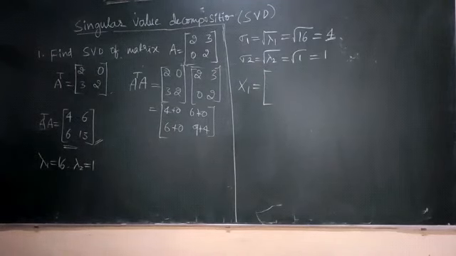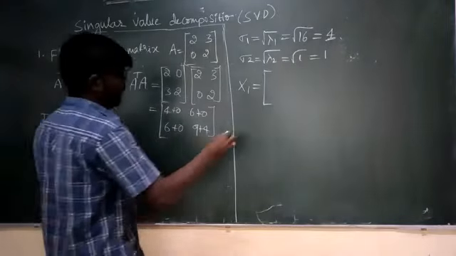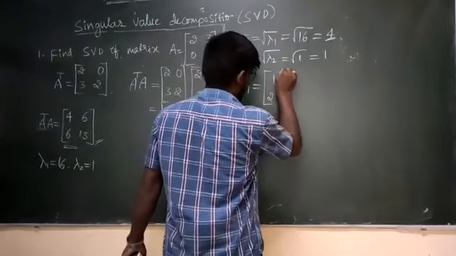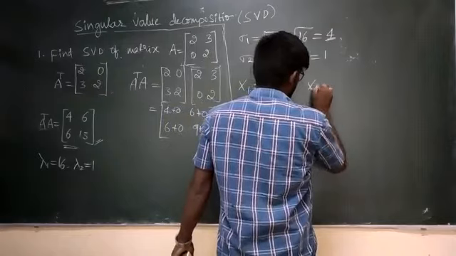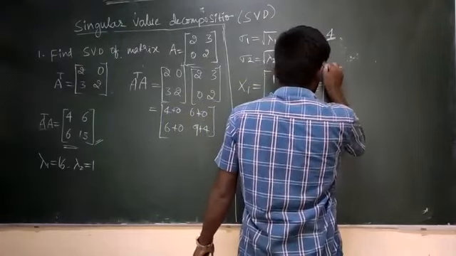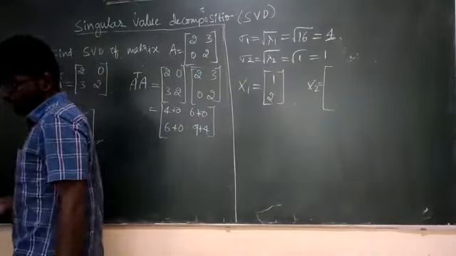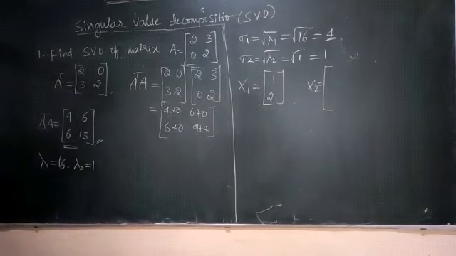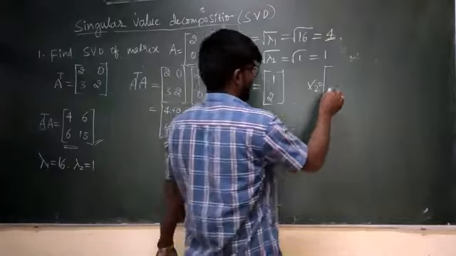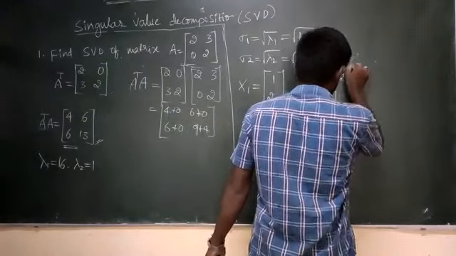After finding them, the first eigenvector, corresponding to the first lambda value, is 1, 2, and the second eigenvector, corresponding to the second eigenvalue, is minus 2, 1.